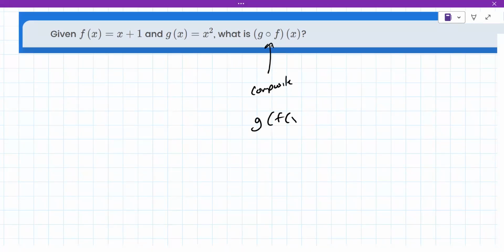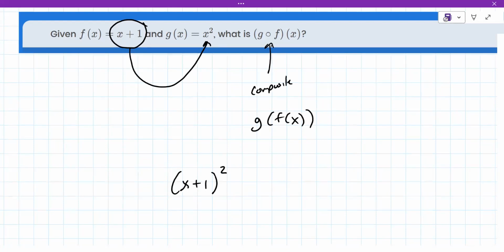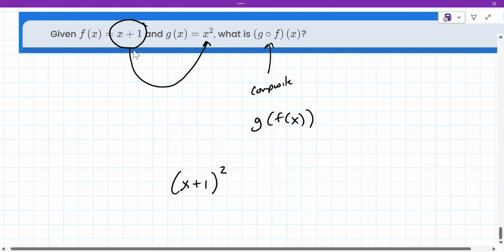What is g of f of x? What that means is you take the f of x and put it in for x, wherever you see an x in g of x. So it means x plus 1 squared. You're taking this x plus 1 and putting it in for x.